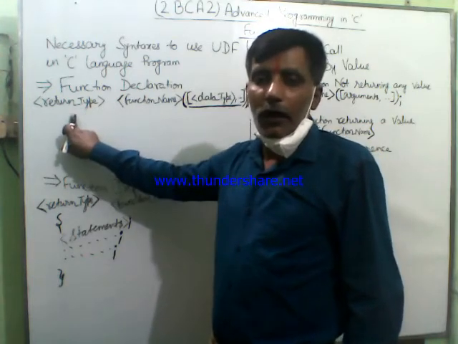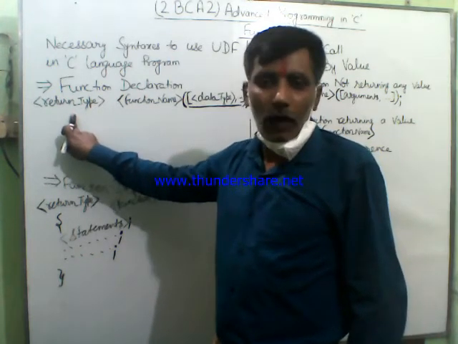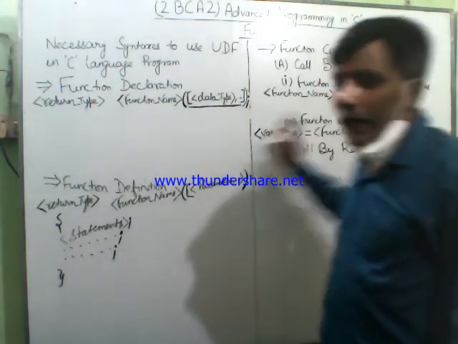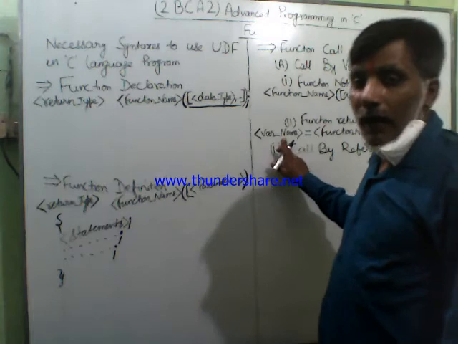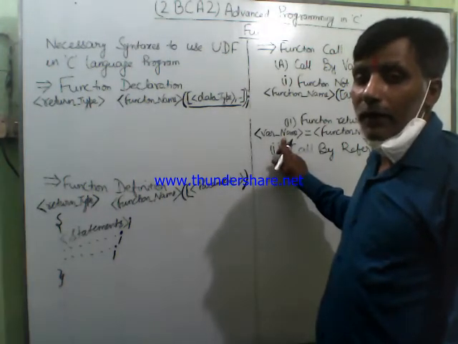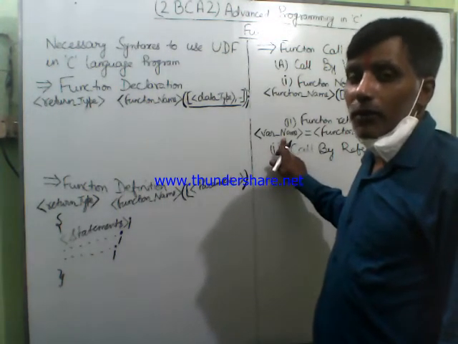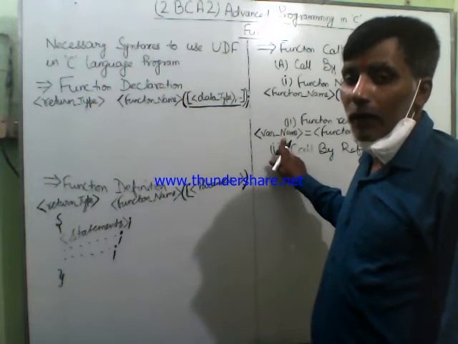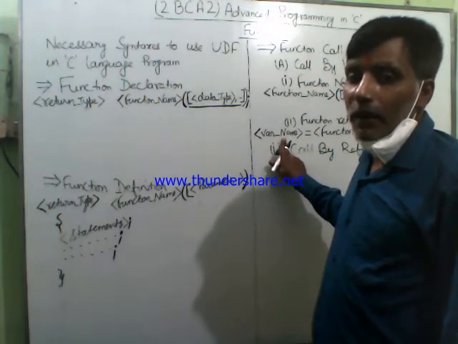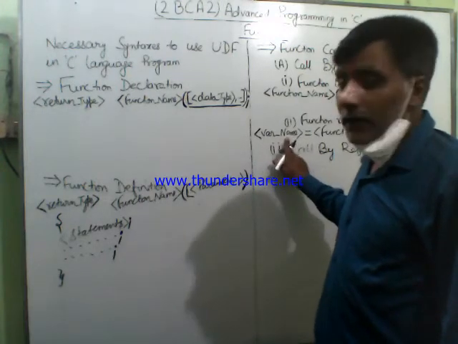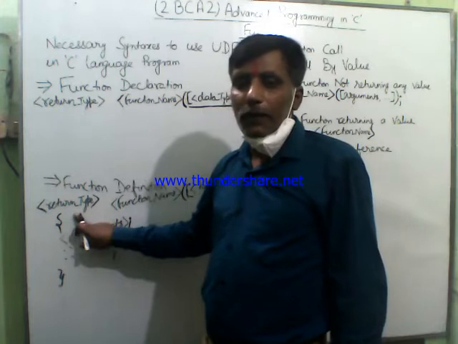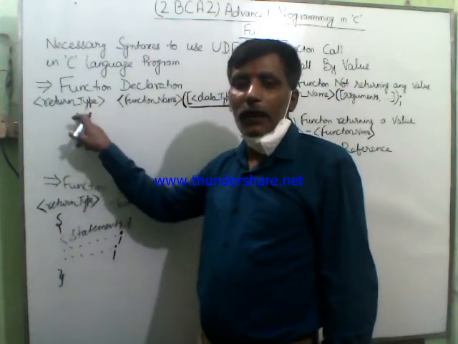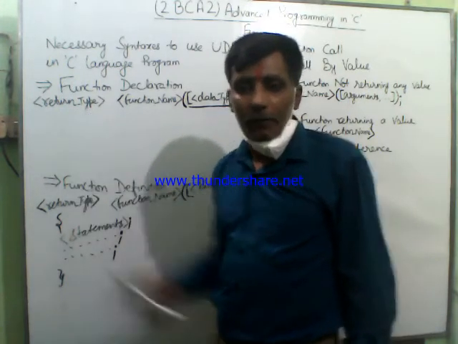The type of the variable name that you write while calling your user-defined function by the call by value method, for a function that is returning some value, should match with the return type in the definition and declaration.